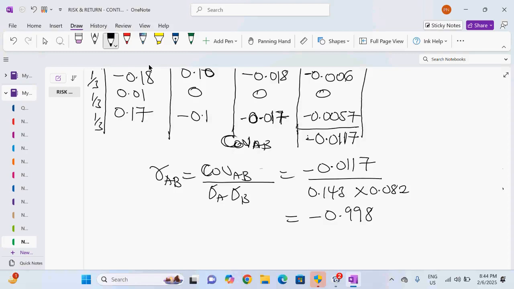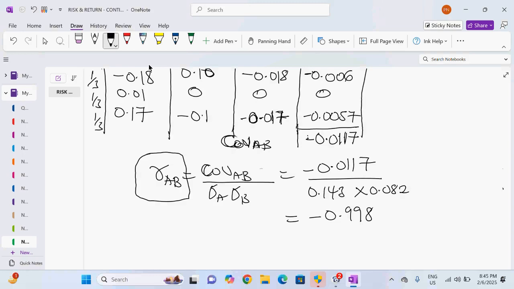But with the correlation coefficient, whenever the answer is positive, it is not advisable to invest in those assets.